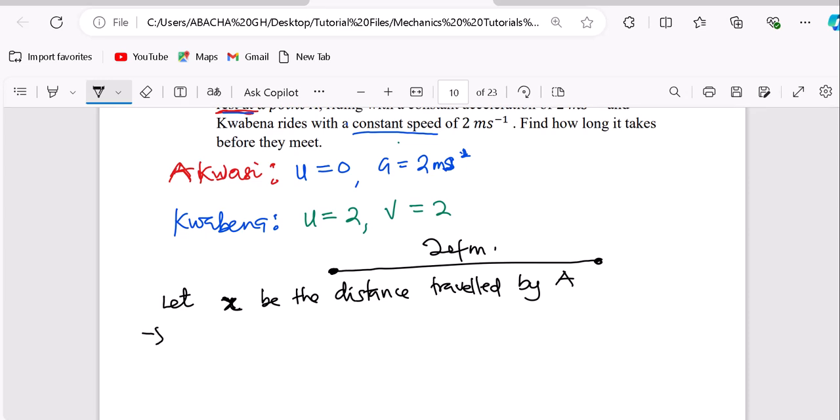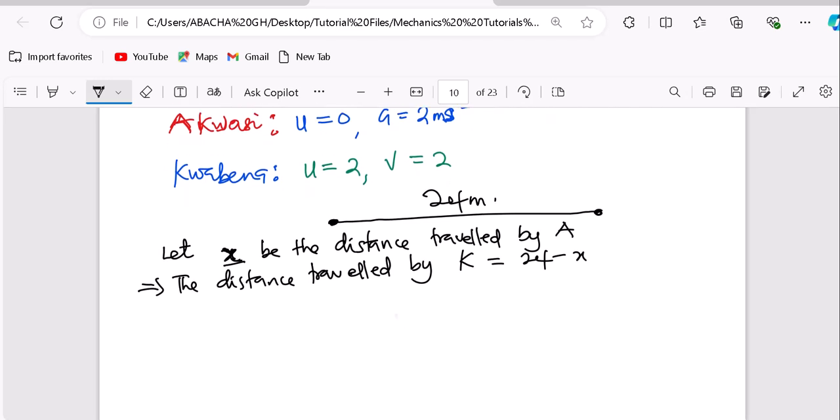This will imply that the distance traveled by Kwabena is equal to 24 minus x, because if the total distance is 24 and somebody traveled x distance, then the other person must have traveled the remaining distance before they meet. Are we getting this scenario?